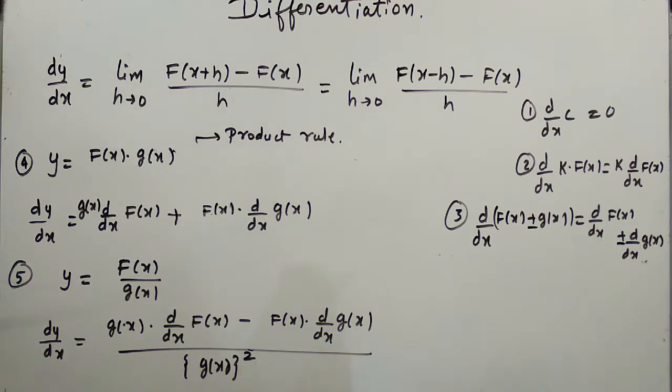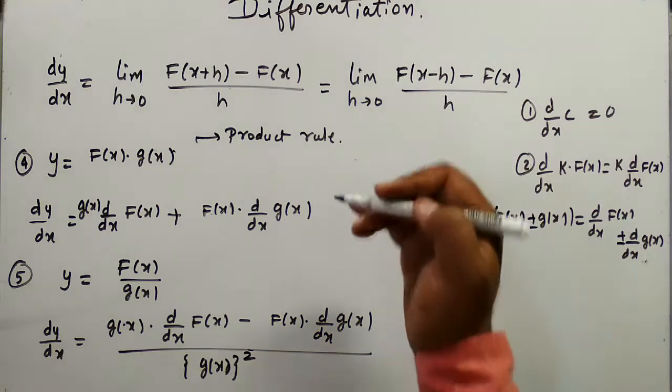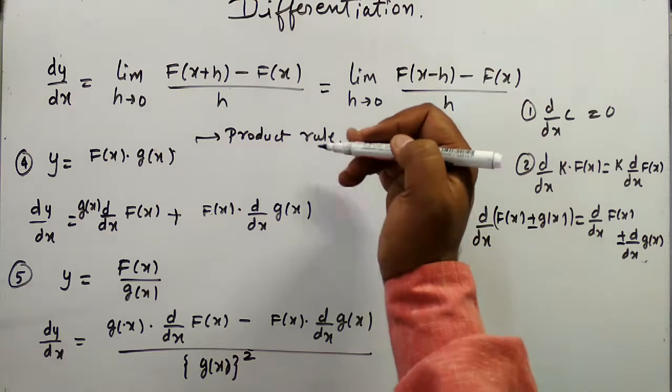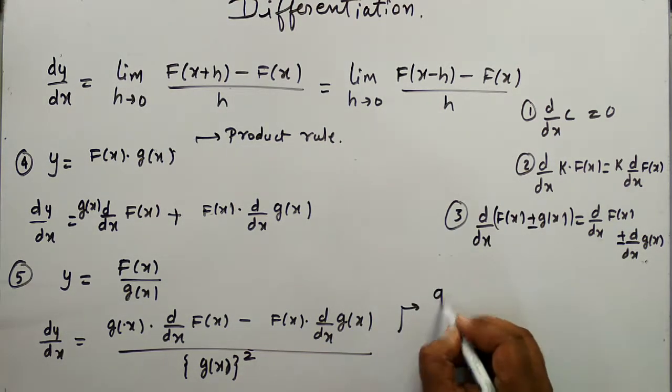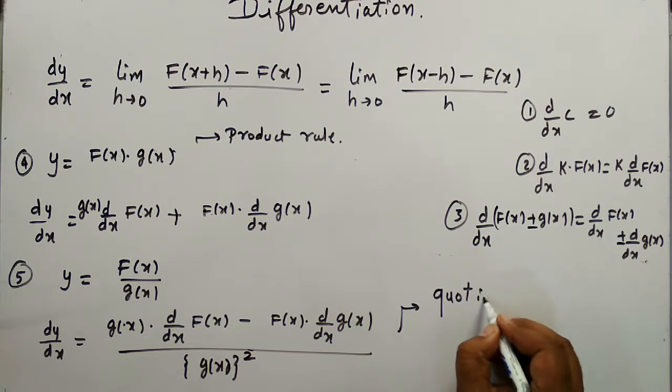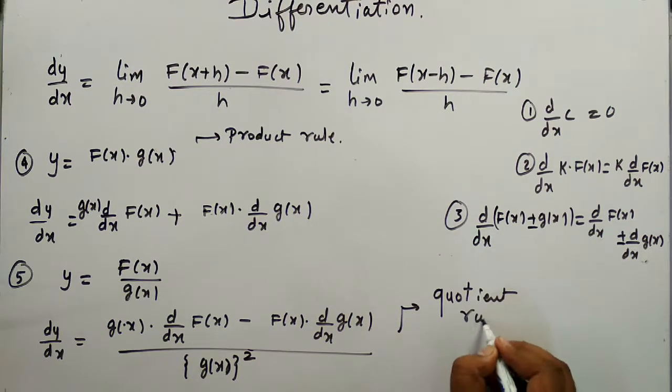Okay, and you can also check the derivation of this relation in the video that comes after the product rule. Okay, and this rule is known as the quotient rule. Quotient rule. Okay, so these were the properties of differentiation based on the type of functions.